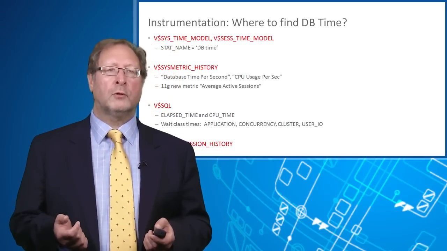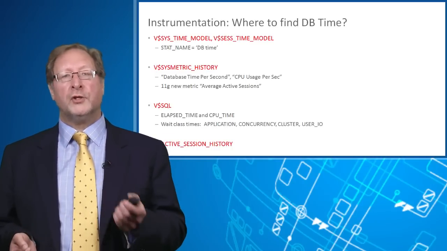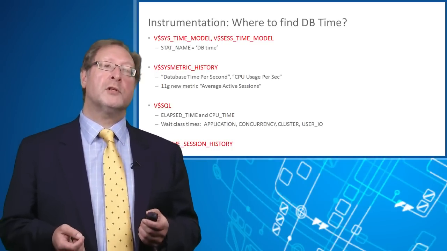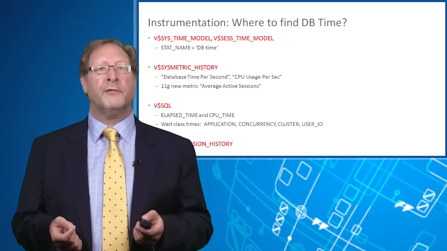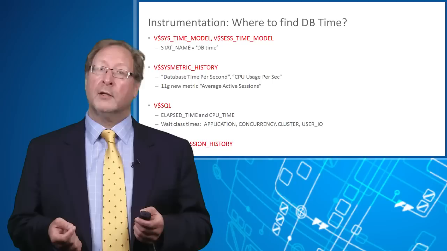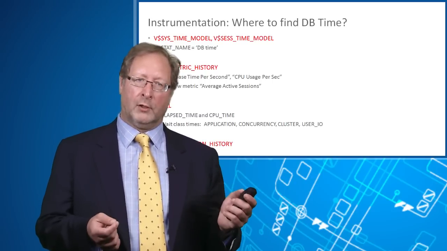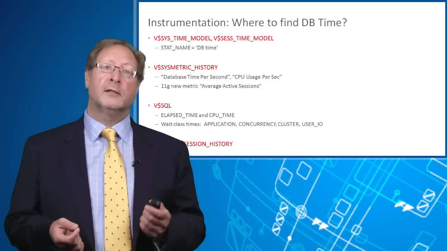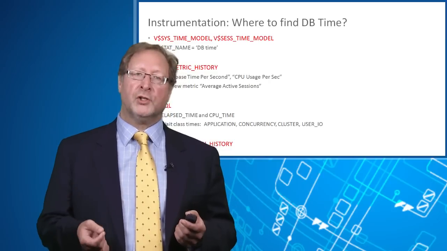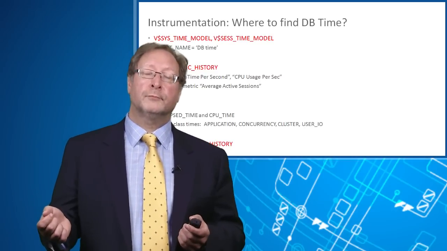Also in $SQL, we have information about how much time was spent in various wait classes as well. One of the issues that we used to run into a lot was a big difference between elapsed time and CPU time for a SQL. We didn't know if that time had been spent waiting for application issues, things like row locks, for concurrency wait events like latches, or for I/Os.